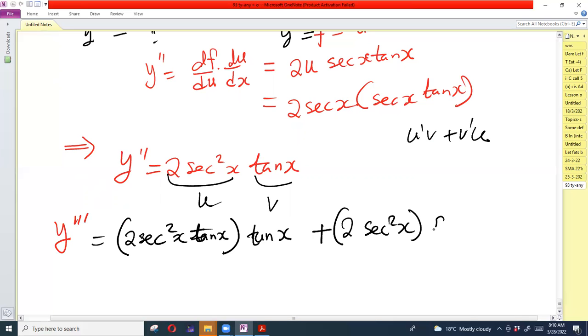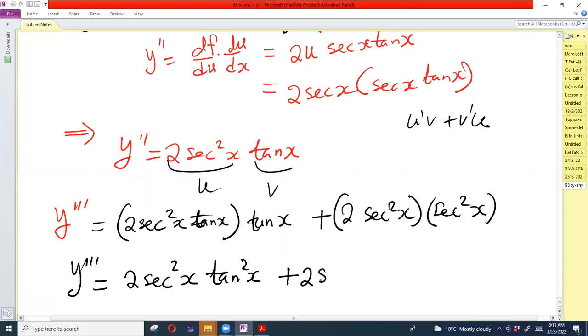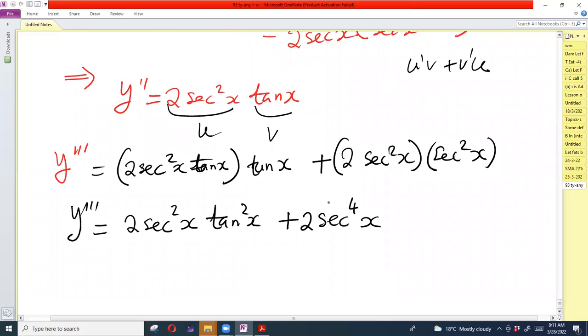You multiply it by sec squared x. So this will give us 2 sec squared x times tan squared x plus 2 sec power 4 x. So this is what the function reduces to.